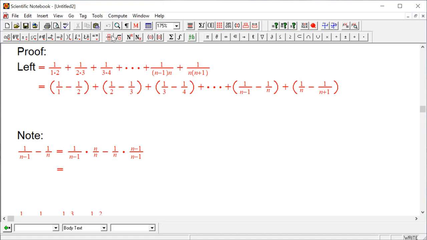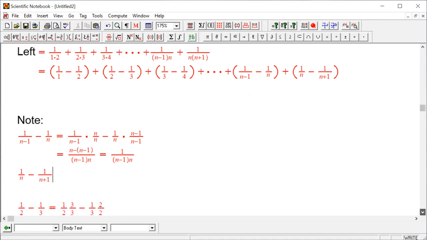So now the common denominator is (n minus 1) times n. On the top is (n minus 1) times n minus (n minus 1), so that's 1. So you can see this would just equal 1/((n minus 1) times n).